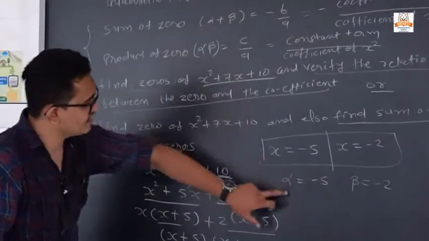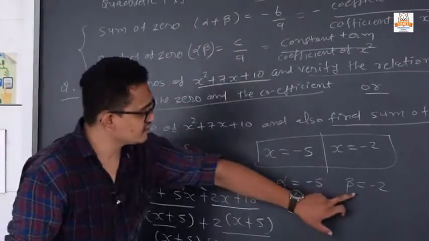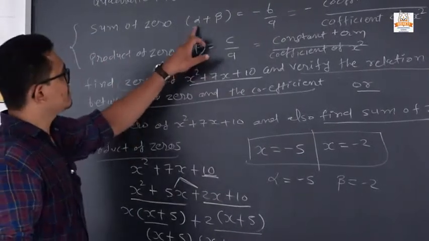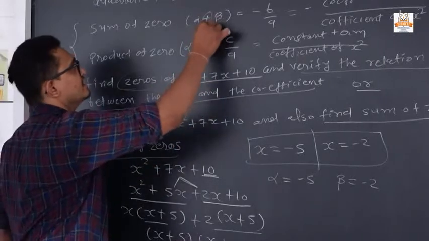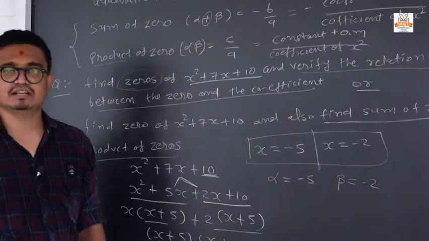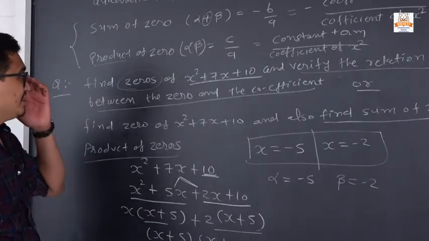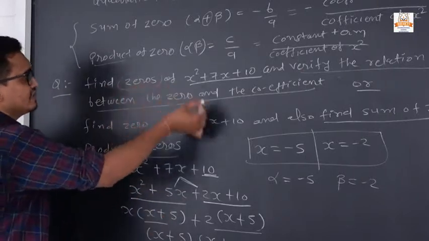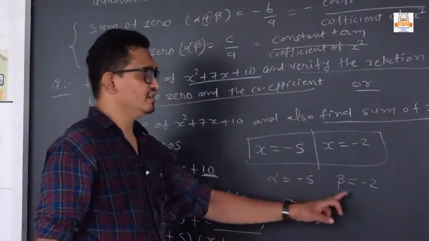The first zero is known as alpha, and the second zero is known as beta. So for the sum we use the plus sign, and for the product we use the multiplication sign. Now the first portion is clear: find the zeros. We have two zeros, minus 5 and minus 2.